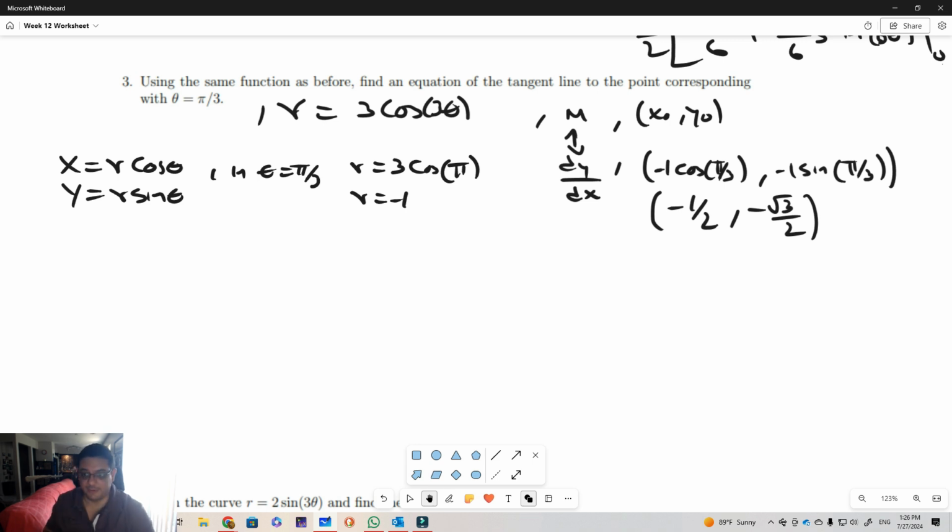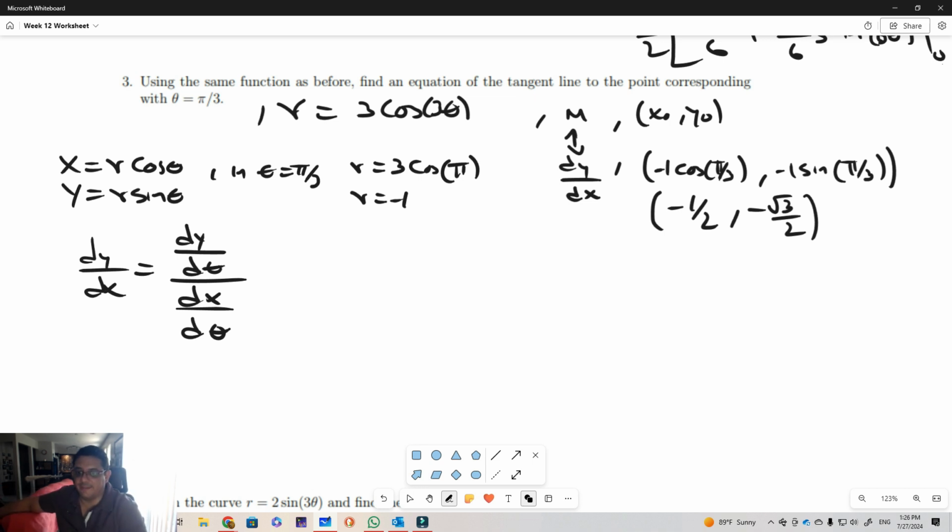So we already have the point. That's the initial part. Now, to find out what dy/dx is, well, I have this polar coordinate function, so I need to work in terms of theta. So dy/dθ over dx/dθ. That's what I need to find out.